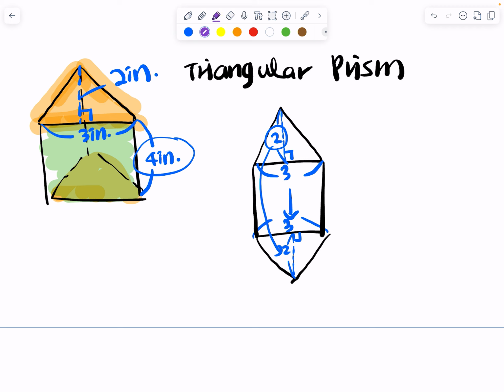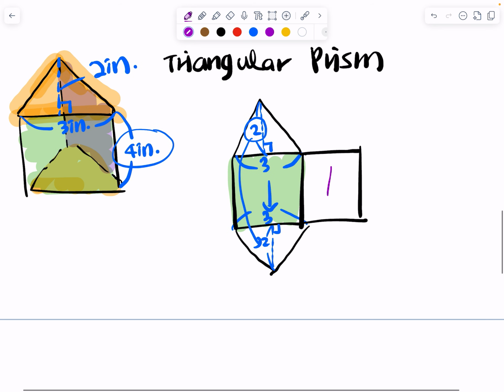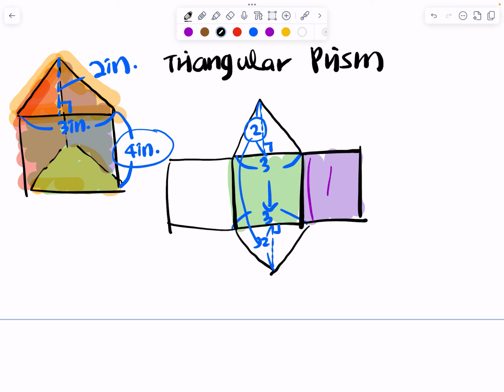It better be one, the green one right here. And then the second one, I'm going to shade the one in the back, right? The one in the back, and let me add it to the net. Yeah, the purple, like that. And then there is this side one right there.